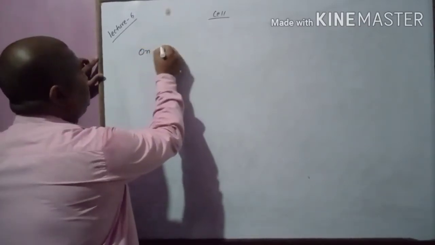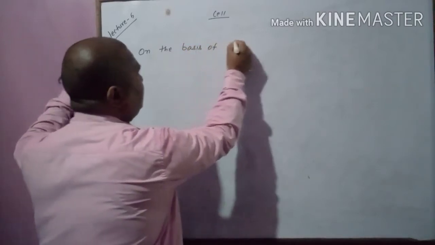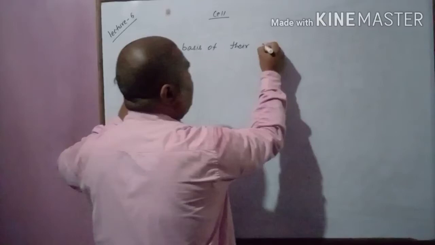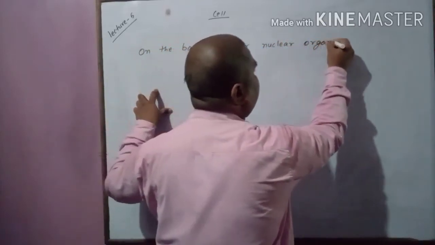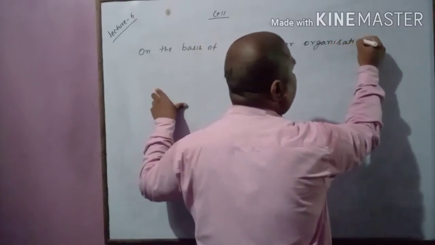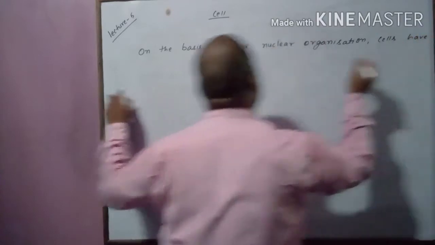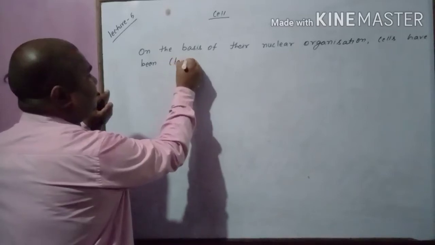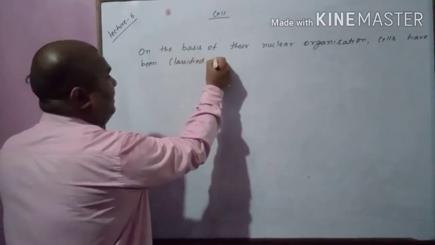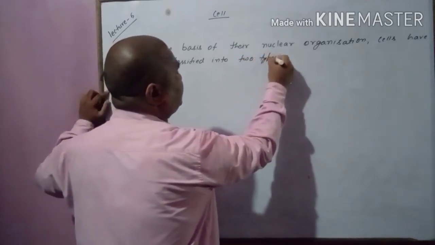Okay, on the basis of their nuclear organization, cells have been classified into two types.